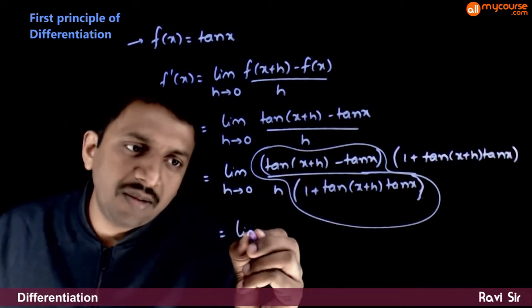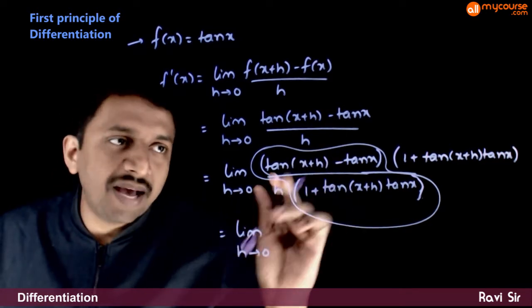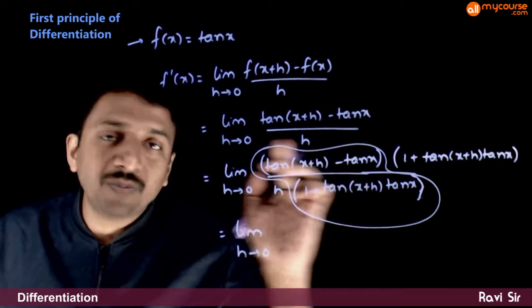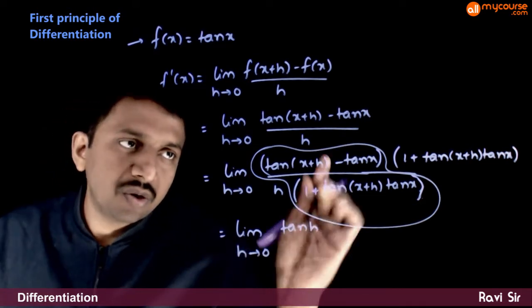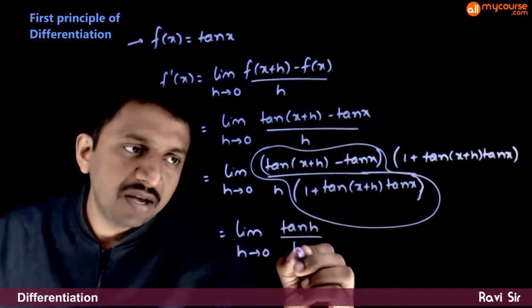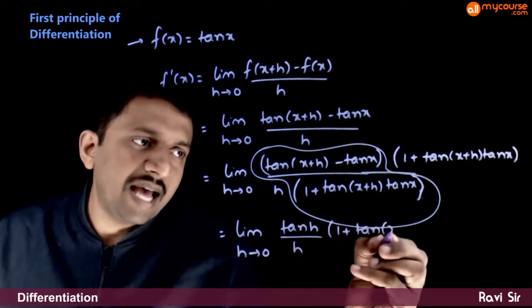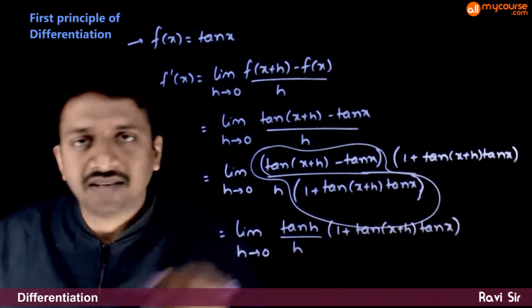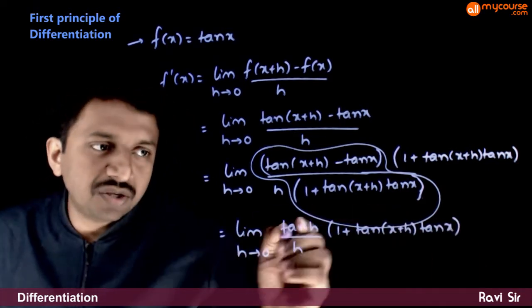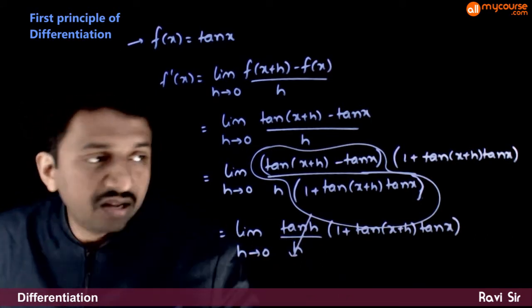That is equal to limit h tends to 0. Tan of a minus b, that is tan of x plus h minus x, is nothing but tan h. So this whole expression becomes tan h by h into 1 plus tan(x+h) times tan x. As h tends to 0, tan h by h goes to 1. That's the standard limit.